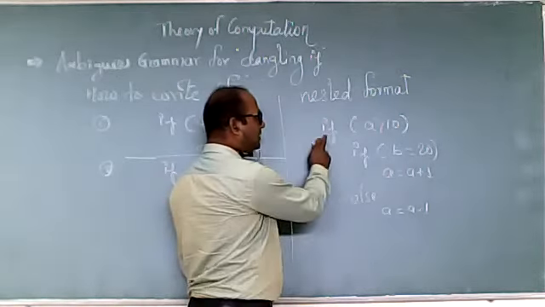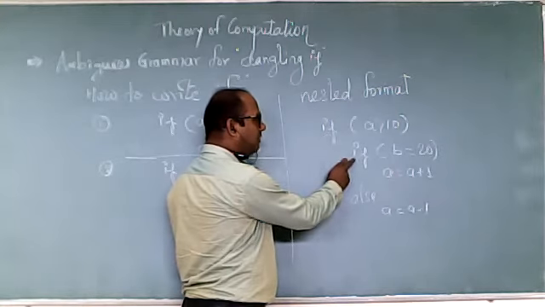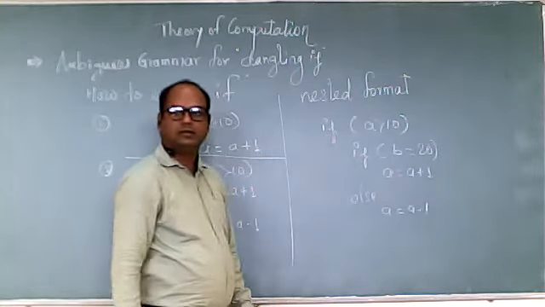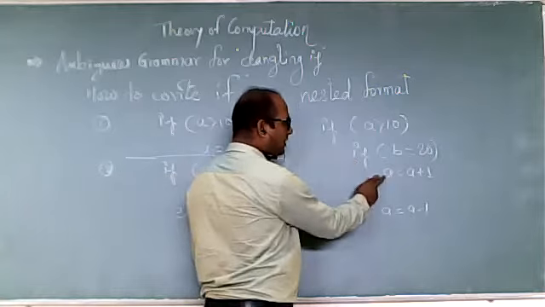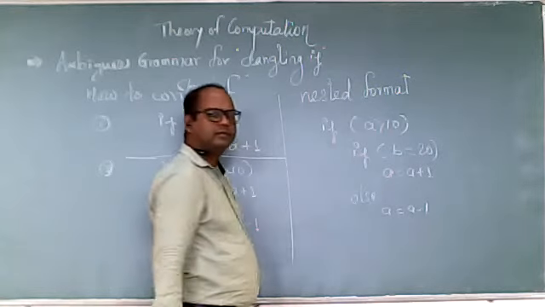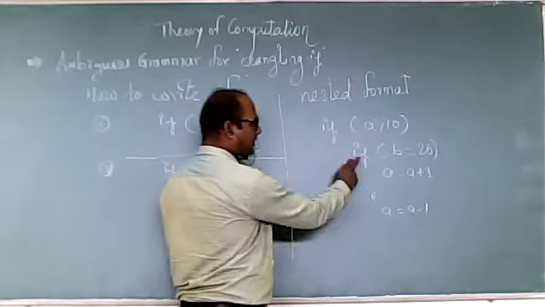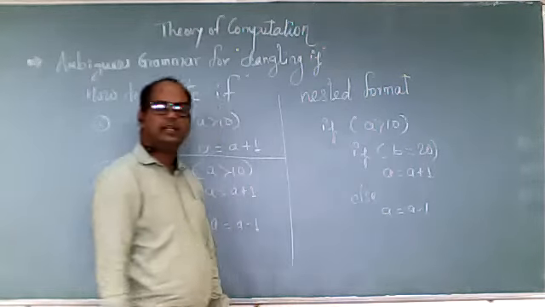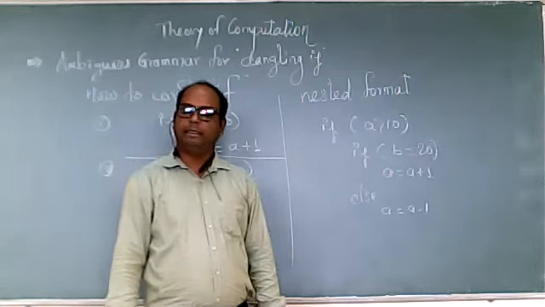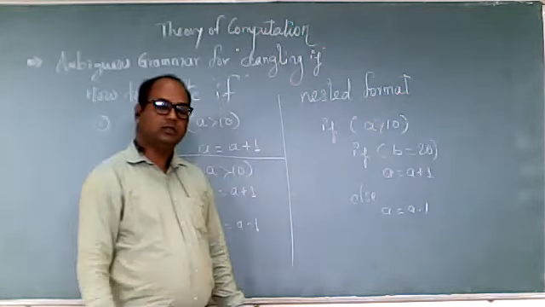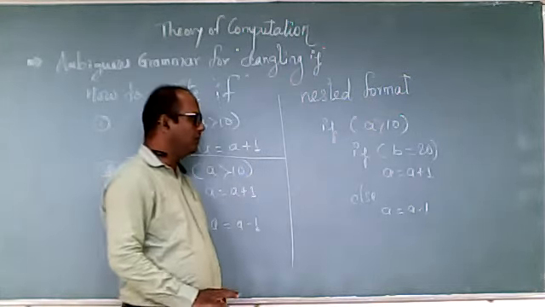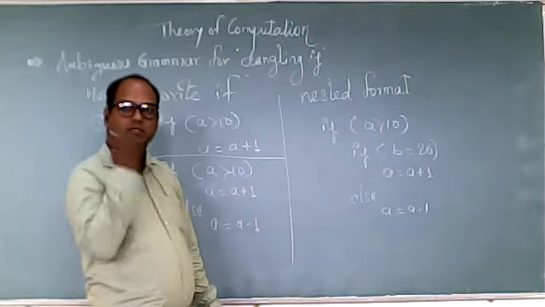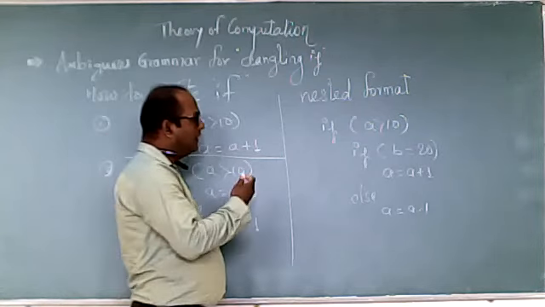Okay. So if this is the if, it will consider this if under it. And this if considers this statement under it. And this else is again the else part, and the else will consider this under its influence, under its control. So if we are not writing opening and closing brackets, the assumption is like this.